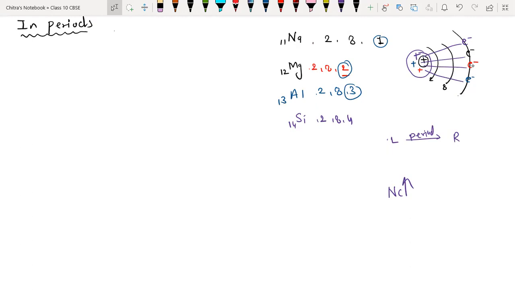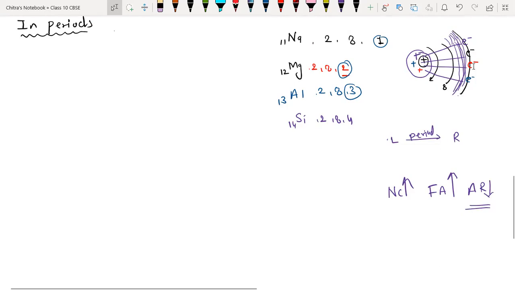Due to which the outermost shell is slightly pulled toward the nucleus. So atomic radius decreases. If atomic radius decreases, it means size will decrease. Understood, everyone?